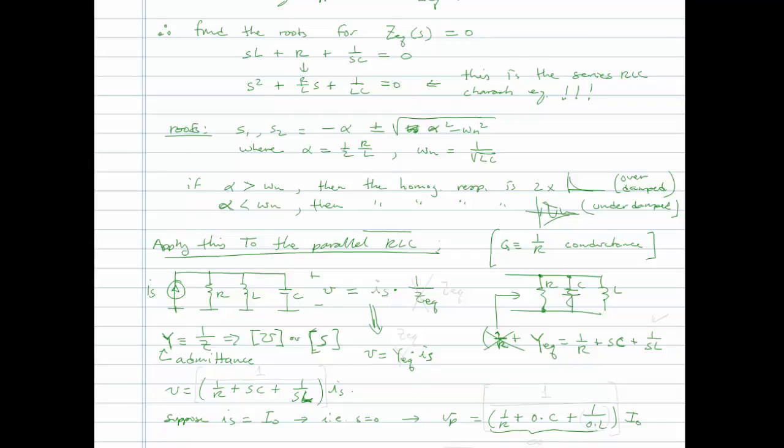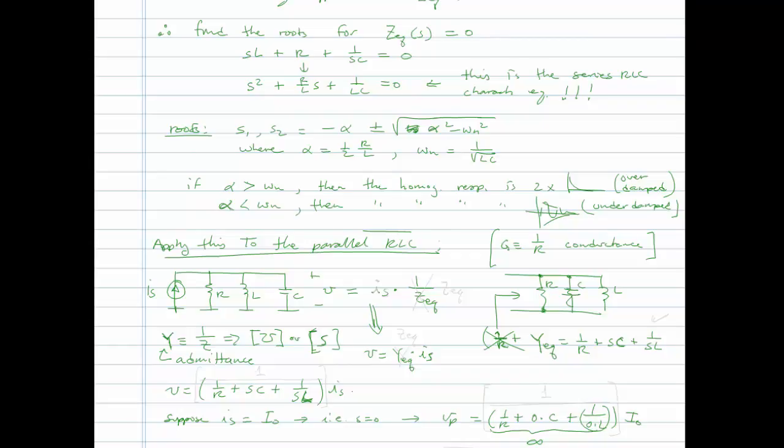This total admittance goes to infinity. Why is there infinite admittance? Think of conductivity, infinite conductivity. It's because of the inductance, right? We said at DC the inductance is a short. So if you apply a DC current to it, and dI/dt is 0, then the voltage across it is 0.